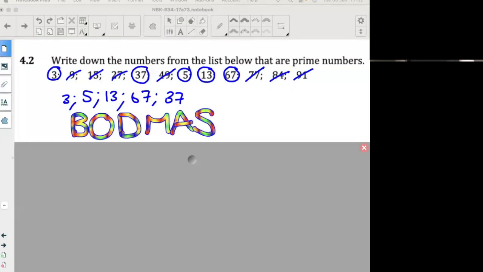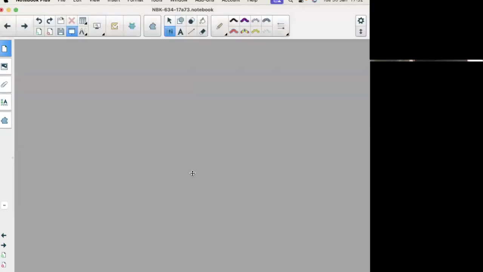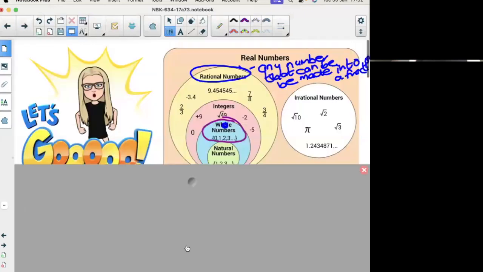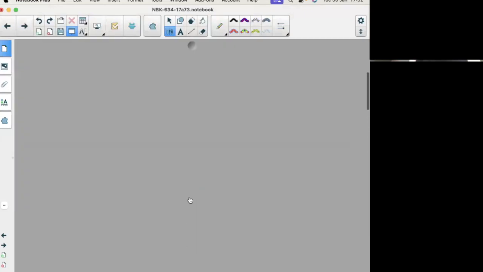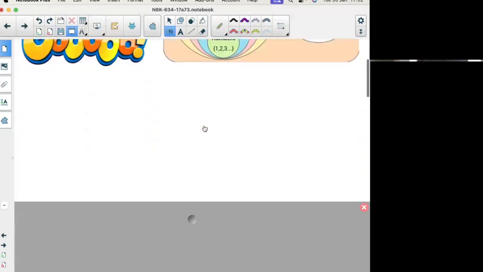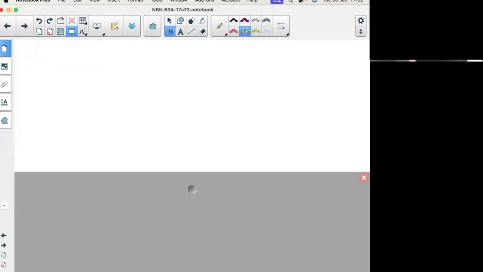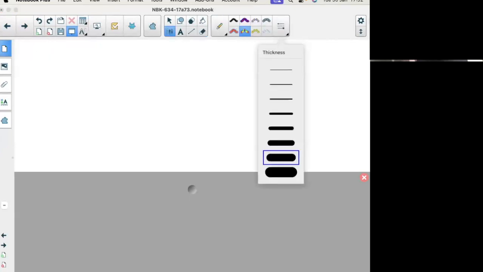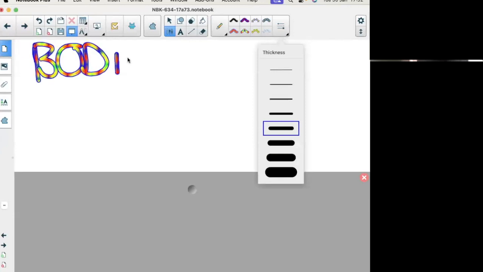So B stands for brackets. Good. Well done. Let's make some space here. We've got BODMAS.